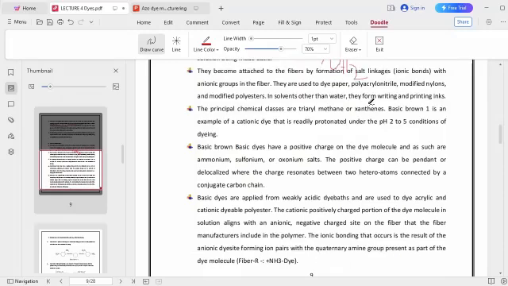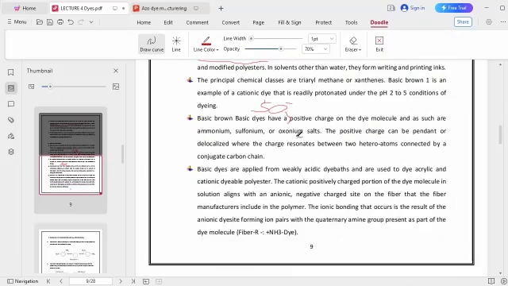Okay, and they become attached to fibers by formation of ionic bonds with anionic groups in the fiber. So this time around, the fiber must have negatively charged groups like SO3 minus groups. And the SO3 minus groups then interact with the amine group in the dye. An example of a basic dye is basic brown one.